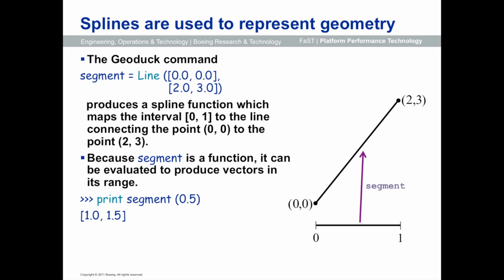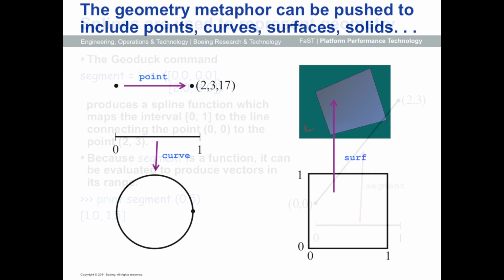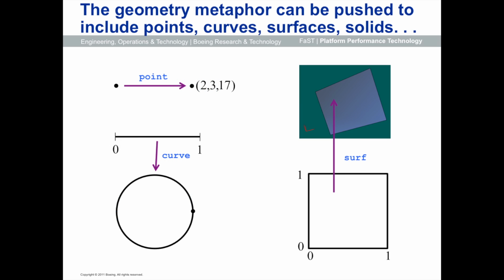Because it's a function, it can be evaluated, and we get the image point of that particular function evaluation.